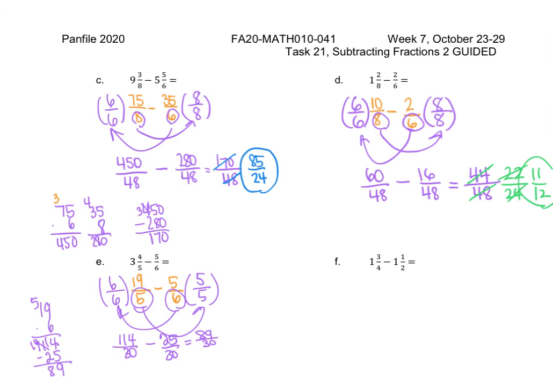And I get 89 over 30, and that does not simplify.